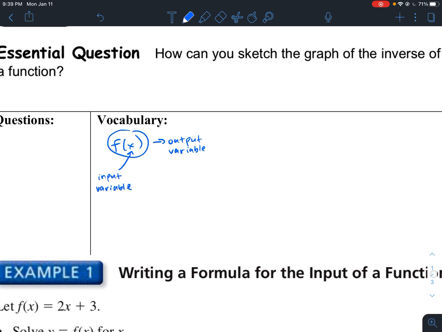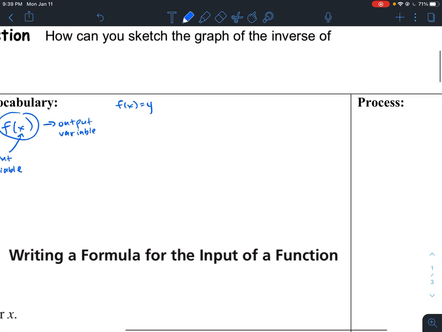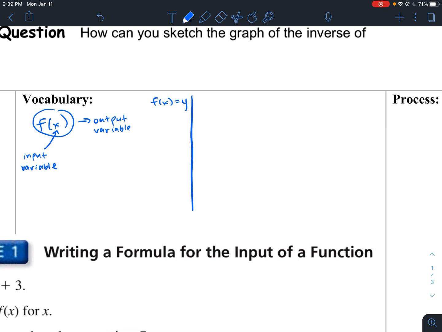Okay. Now, f of x is just another fancy way of describing y. So f of x is equivalent to y. And most times, we write y in terms of x. So f of x is a function in terms of x.